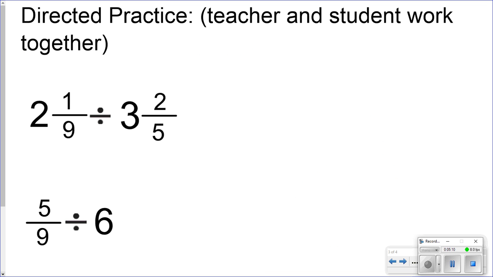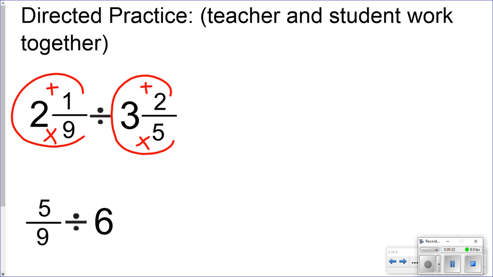2 1/9 divided by 3 2/5. There are no whole numbers here. These are mixed numbers, so we go right to step 2 where we will change them both into improper fractions. 9 times 2 is 18, plus 1 is 19 over 9. 5 times 3 is 15, plus 2 is 17 over 5.